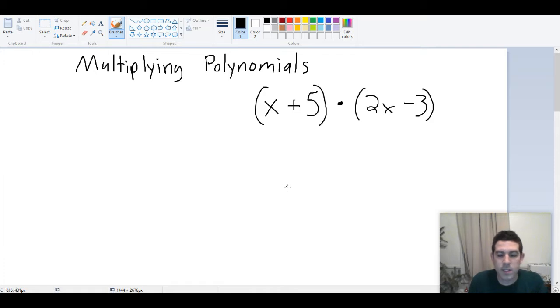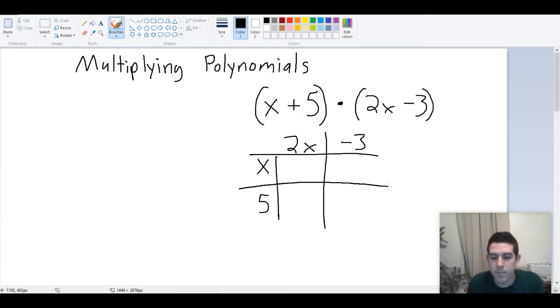Alright, so one way you can set it up is the box method. You can set it up with a box with x and 5 on one side and 2x and negative 3 on the other, right? If you set it up like this, we'll then go ahead and multiply each part of it. So what is 2x times x?